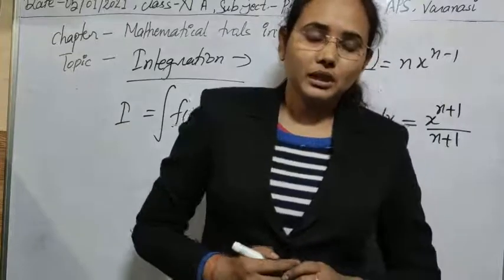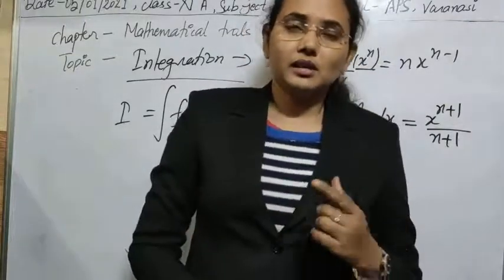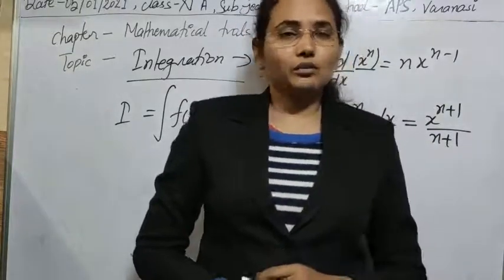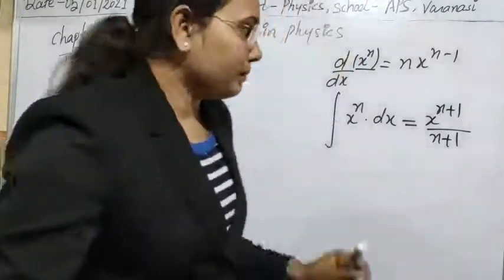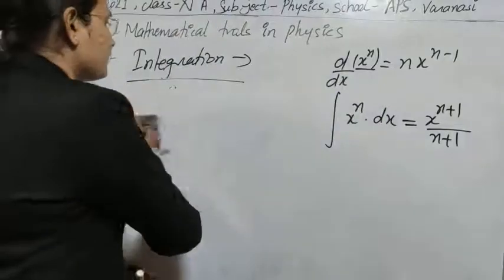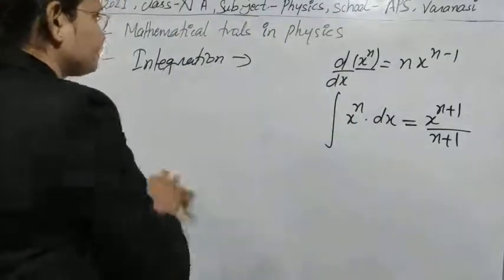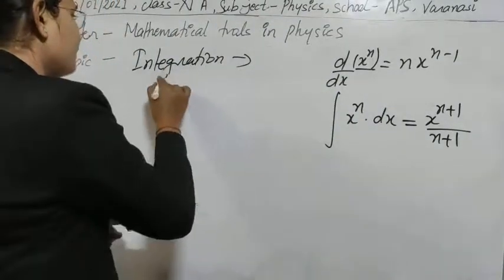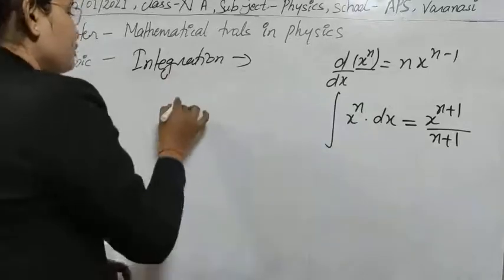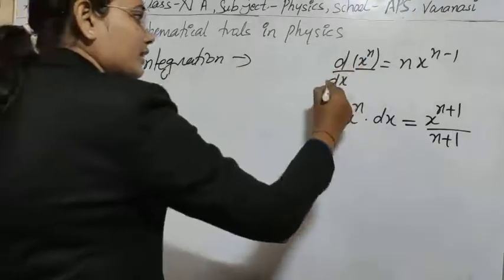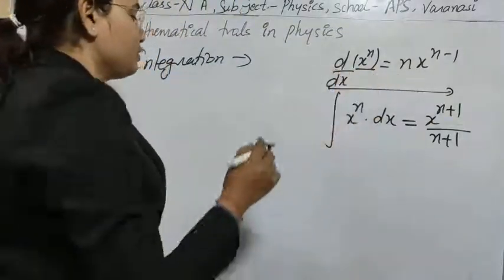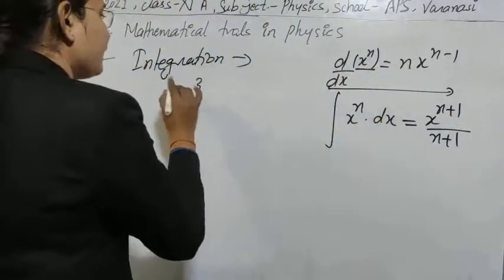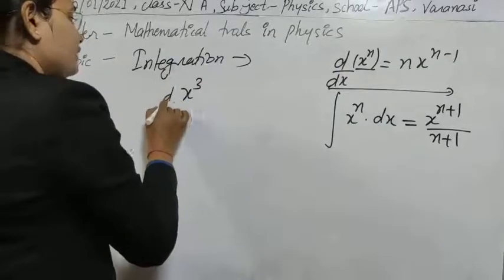I just told you that integration is the reverse of differentiation, so if you differentiate some quantity and then integrate it again, you can get the previous quantity. I think first of all this is clear. Then let's take one example here. First of all I will take a differentiation example, and after that an integration example. So suppose we have to differentiate x cube with respect to x.